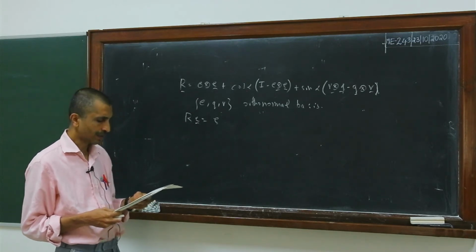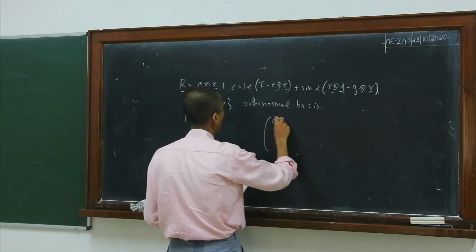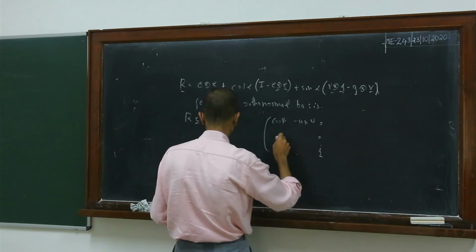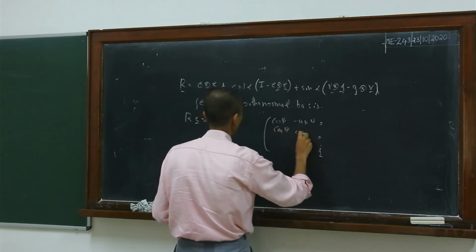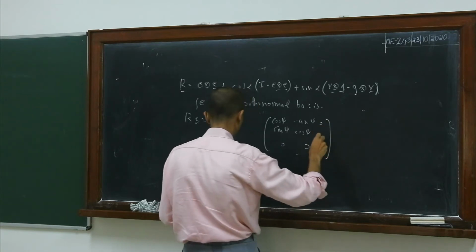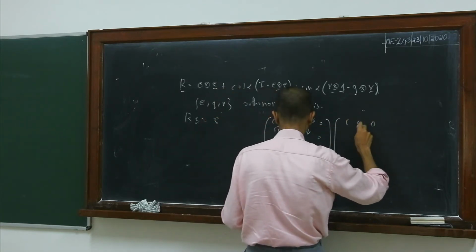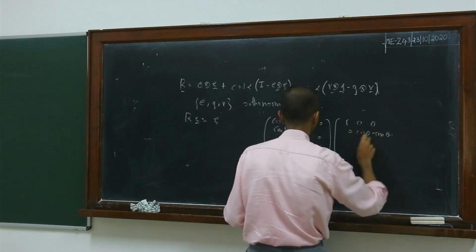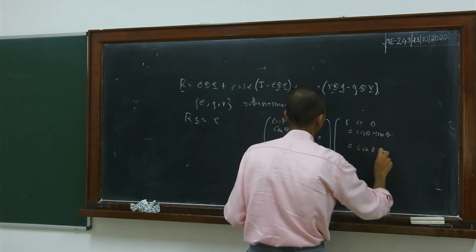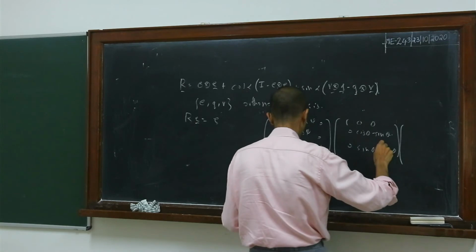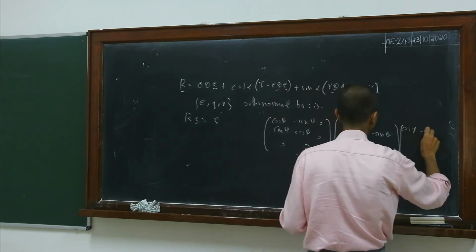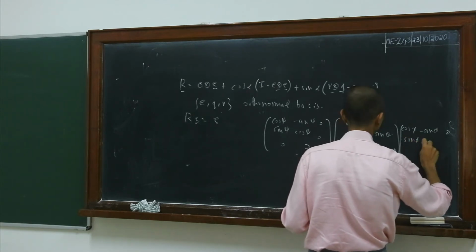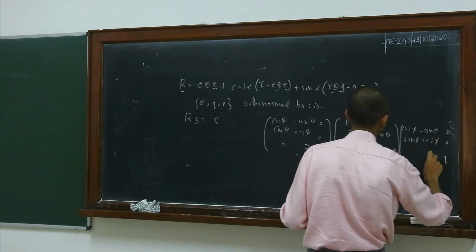I will not get into that, but basically it is of this particular form: the product of the matrix with cos xi, minus sin xi, 0, sin xi, cos xi, 0, 0, 0, 1, times the matrix with 1, 0, 0, 0, cos theta, minus sin theta, 0, sin theta, cos theta, times the matrix with cos phi, minus sin phi, 0, sin phi, cos phi, 0, 0, 0, 1.